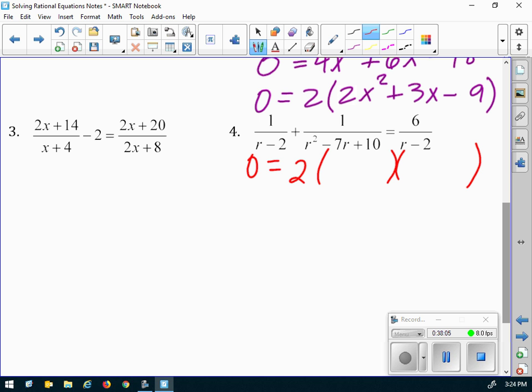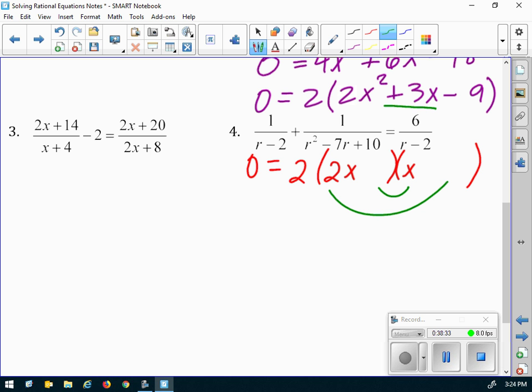How can I factor 2x squared? What are your signs going to be? One positive, one negative. Now, when I do this and this, what do I have to get? Yeah, I have to get that.